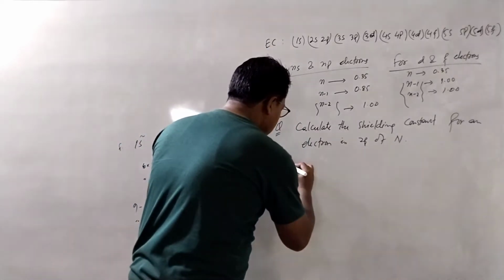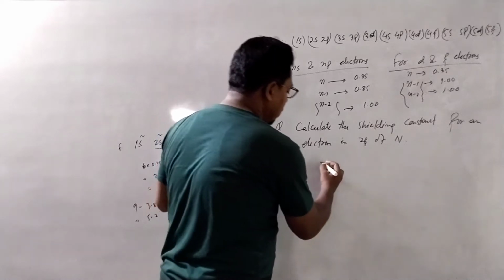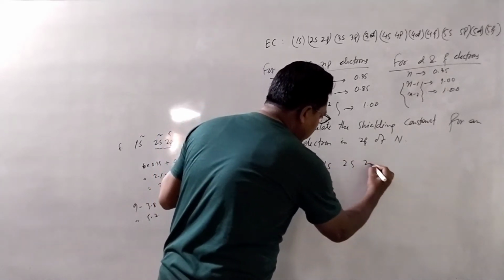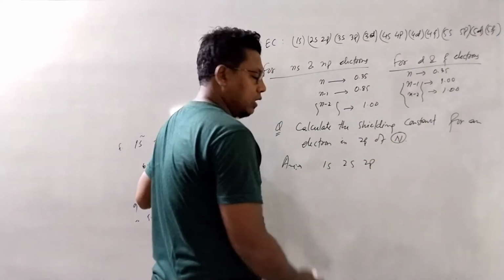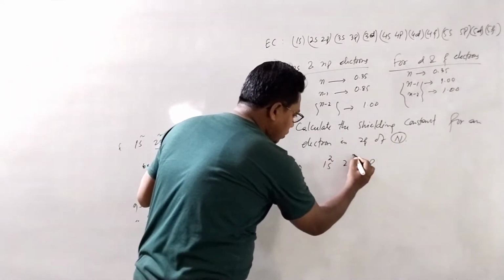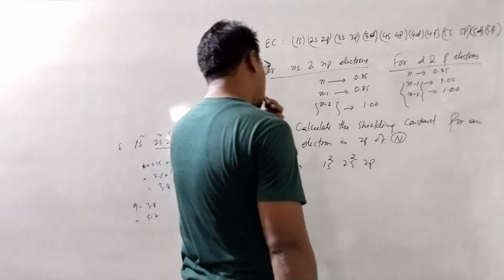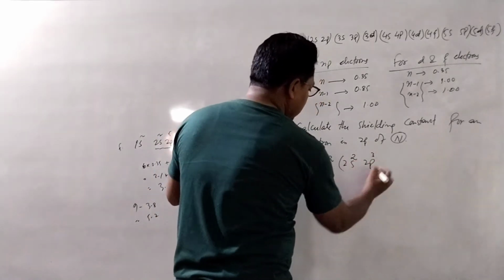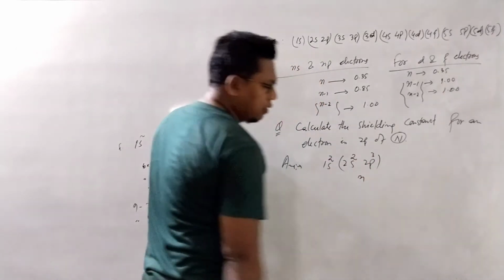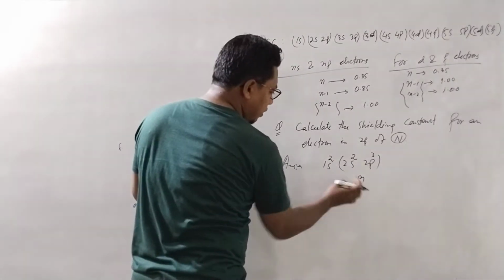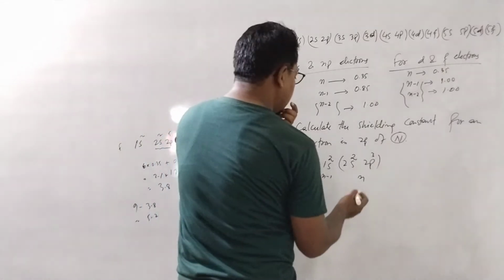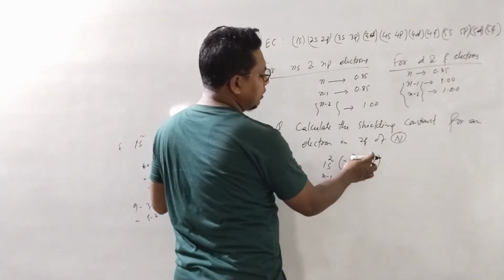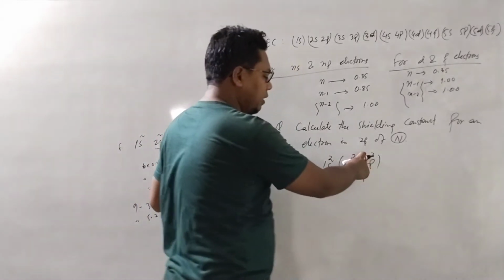So for this, we need to write the electronic configuration 1s, 2s, and 2p. This is very easy. There are 7 electrons in nitrogen atom, 2 electrons here, 2 electrons here, and 3 electrons will be here. This is its n value, n is 2 here and this is n minus 1. So we need to calculate shielding constant for an electron in 2p, right?